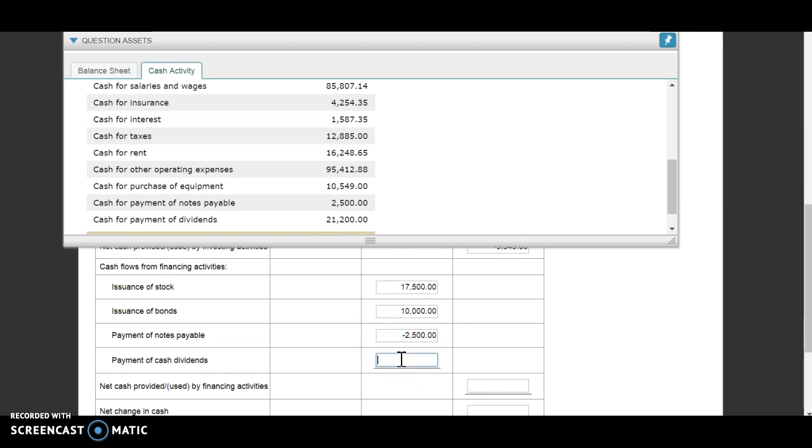And my cash payment of cash dividends, 21,200. Okay, my net cash, I need to figure that out. So I'm going to add my two positive numbers and then subtract my negative numbers. So I should get 3,800 for my net cash.